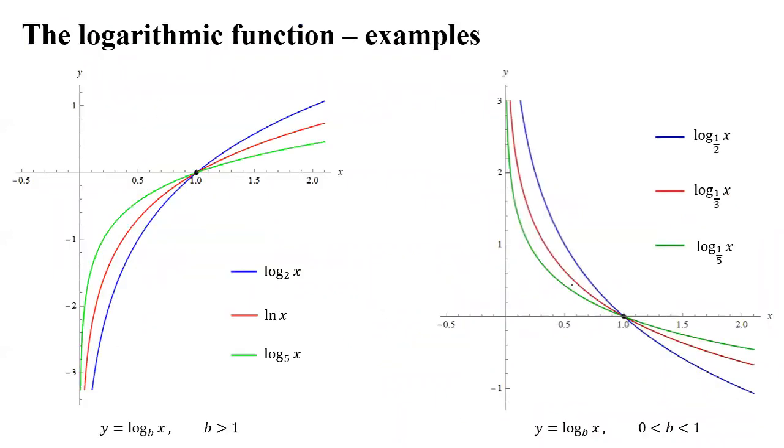Here are some examples. The left graph shows that when b is above 1, this function will be an increasing function, crossing the point (1, 0). And when b is between 0 and 1, you can see here, this function is a decreasing function.